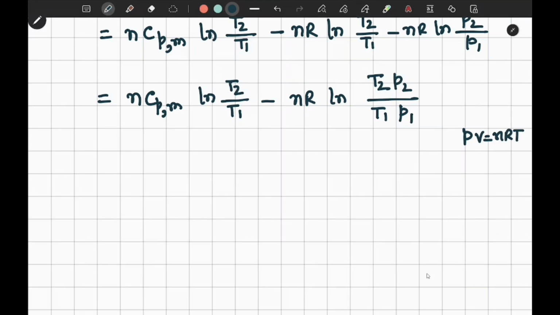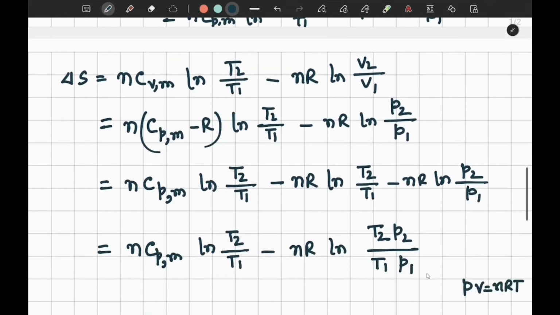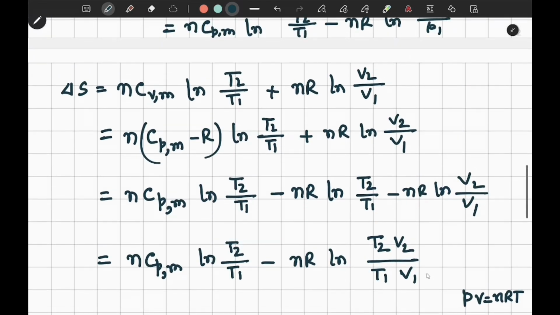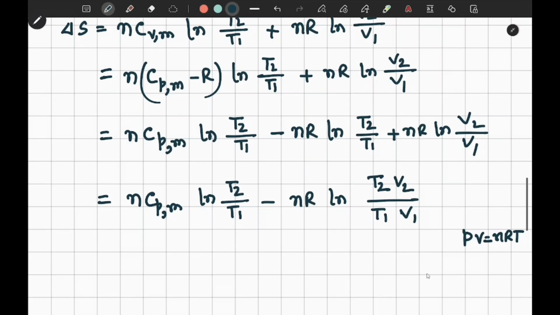N is fixed. Oh, what have I written? There was V, not P. So V2 by V1 equals to T2 P1 by T1 P2.